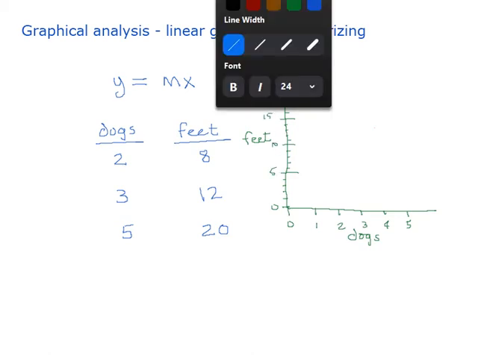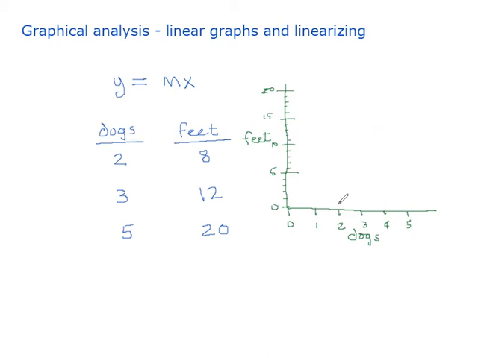And if we graph these data that we found, we know that with 2 dogs, the number of feet is 8. And with 3 dogs, the number of feet goes up to 12. And with 5 dogs, the number of feet is 20.